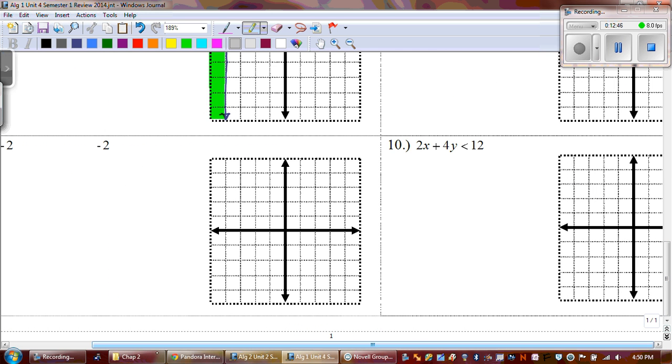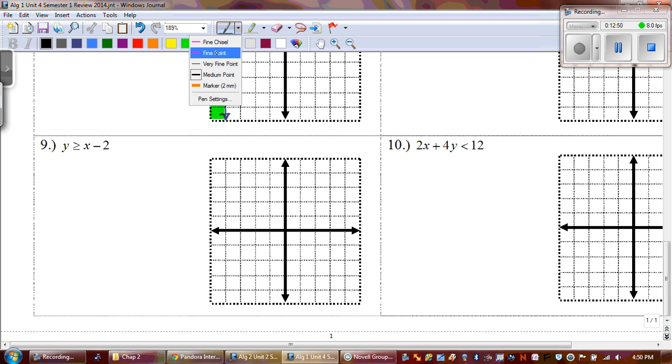All right, 2 more. Now for these ones, it's y equals mx plus b. So we need to know our slope, the number in front of the x. If there isn't one, it's 1, and that's going to be 1 over 1. Our y-intercept, where we begin, is 0, -2.